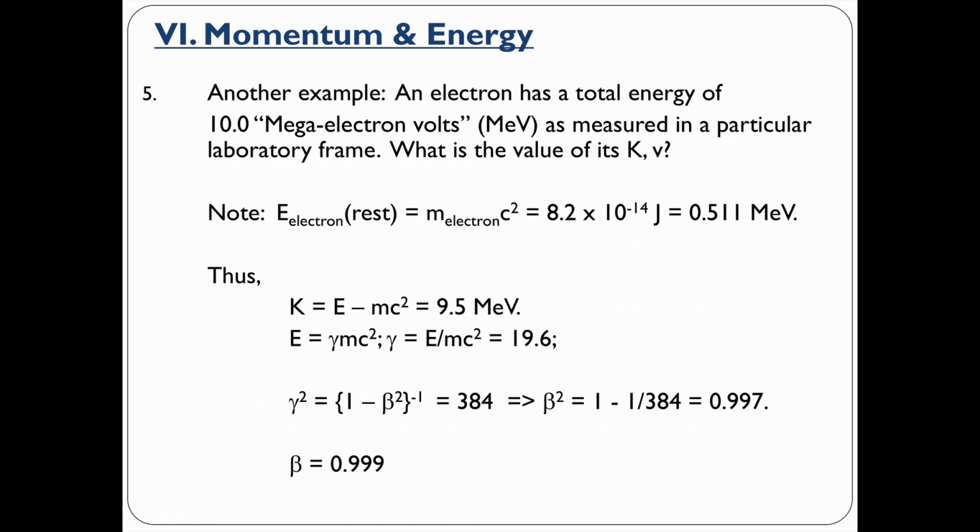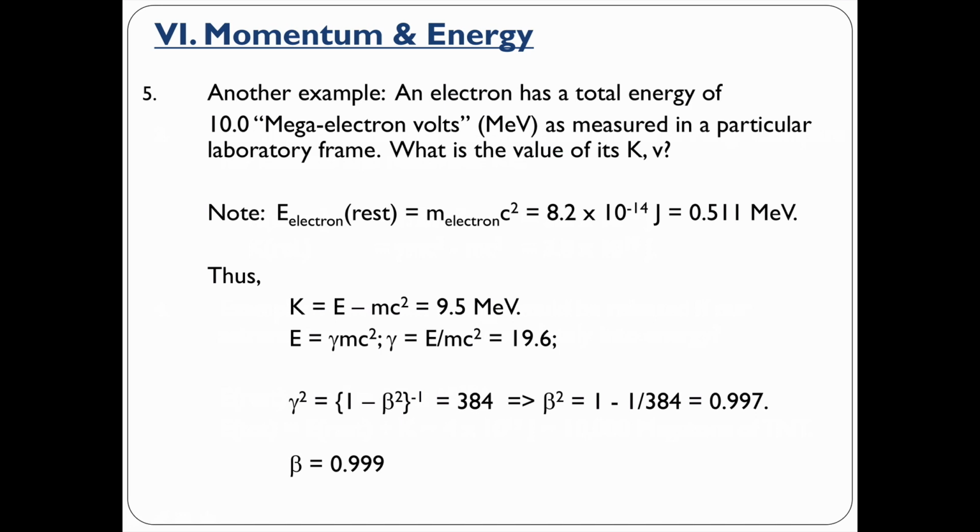Those of you who have taken chemistry know that chemical transitions involve electron volts, maybe tens of electron volts. Nuclear transitions often are measured in millions, if not billions, of electron volts.